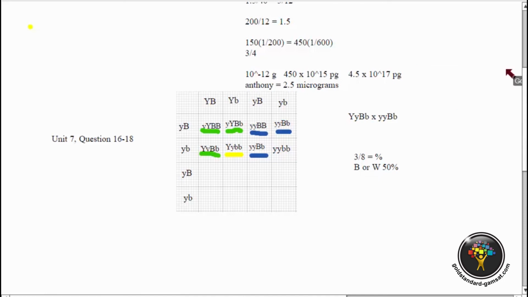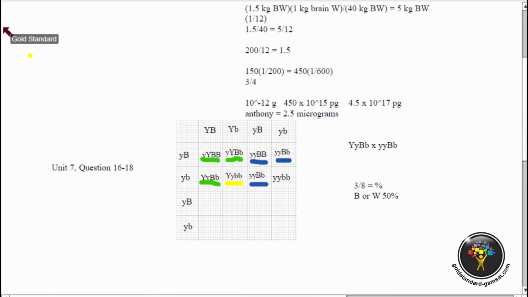The first answer choice says the offspring cannot have the same phenotype as the parent. Well, let's see what we learned from the previous question, question 17. We saw this cross between big Y and big B. I can add some color to that as well.